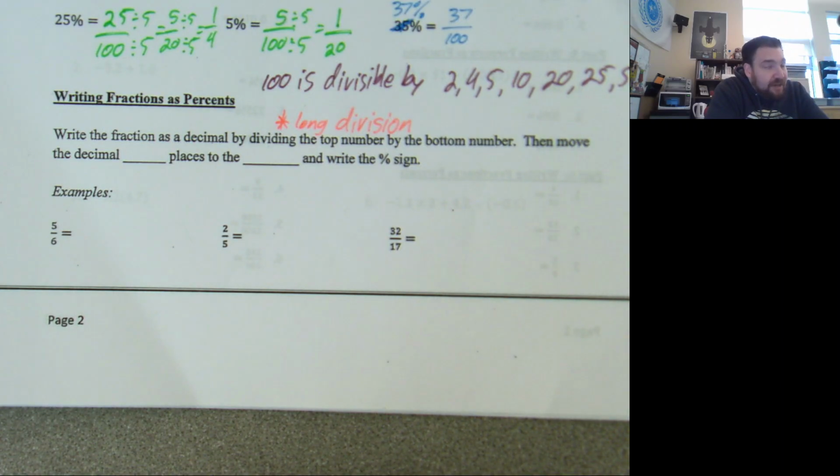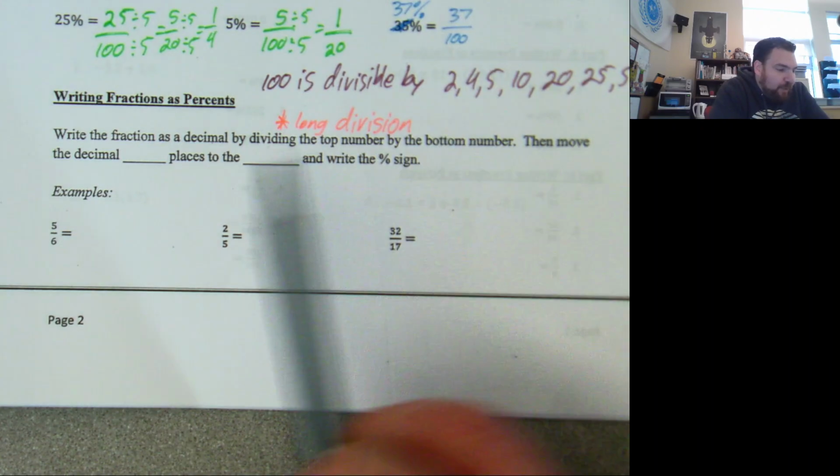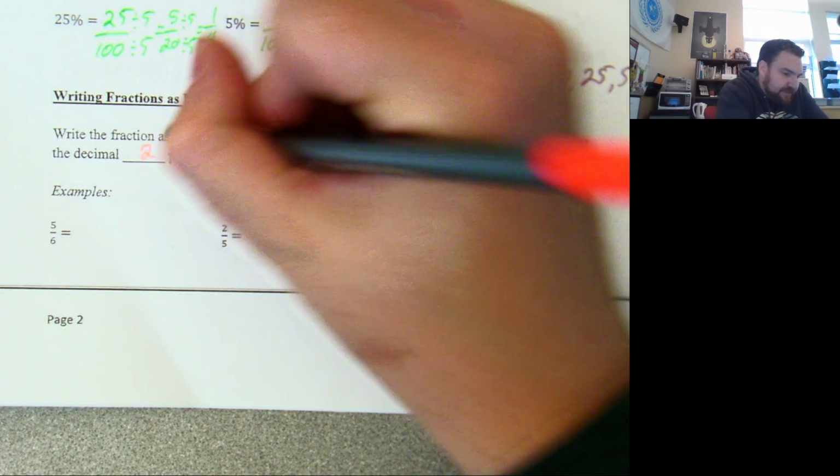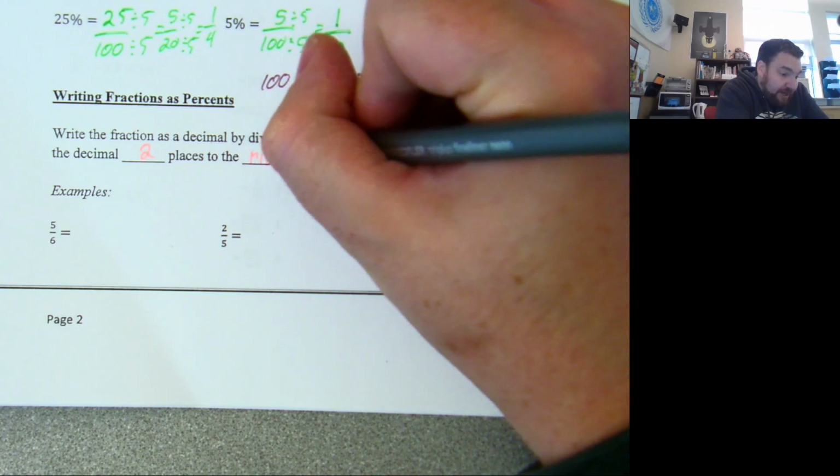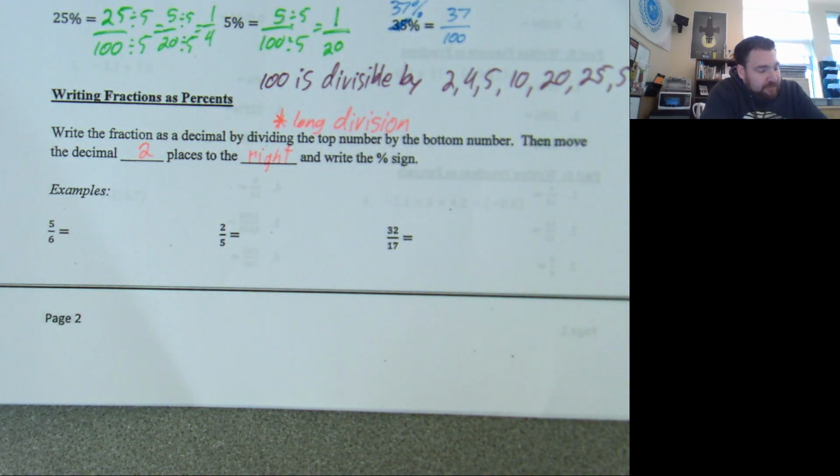And then when you're done the division, to turn it into percent, we want to move the decimal 2 places to the right. We're multiplying by 100, and we're adding the percent sign. So we're going from a fraction to a decimal, and from a decimal to a percent. So I'll do one example, and we'll call it a day. And then you guys will work on stuff.